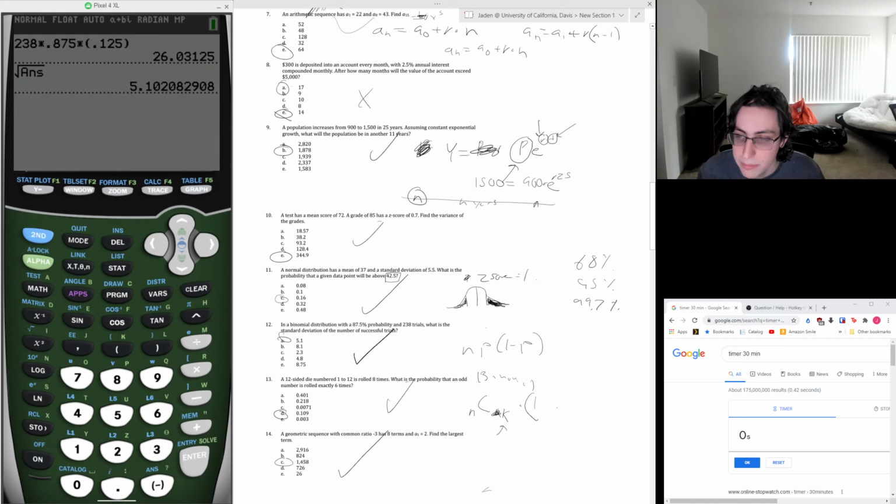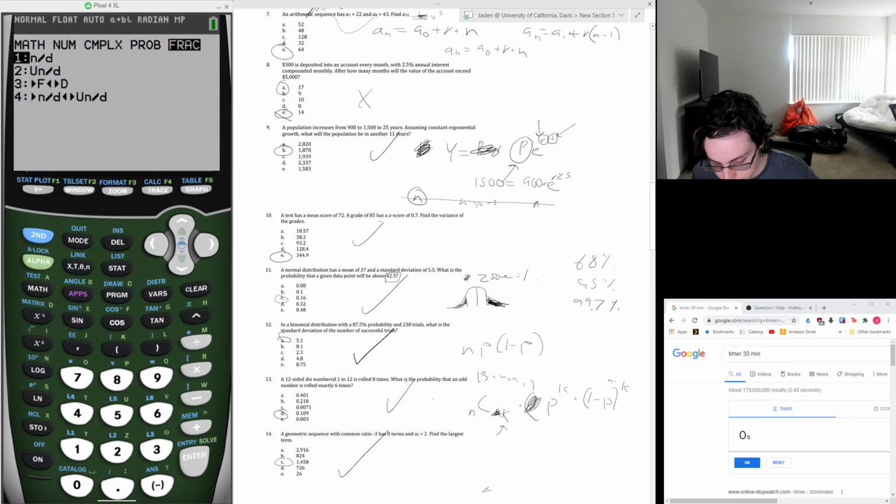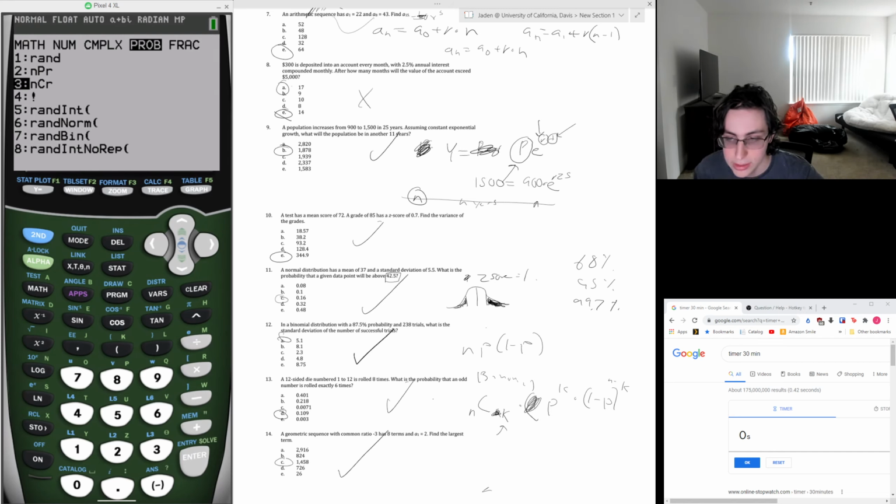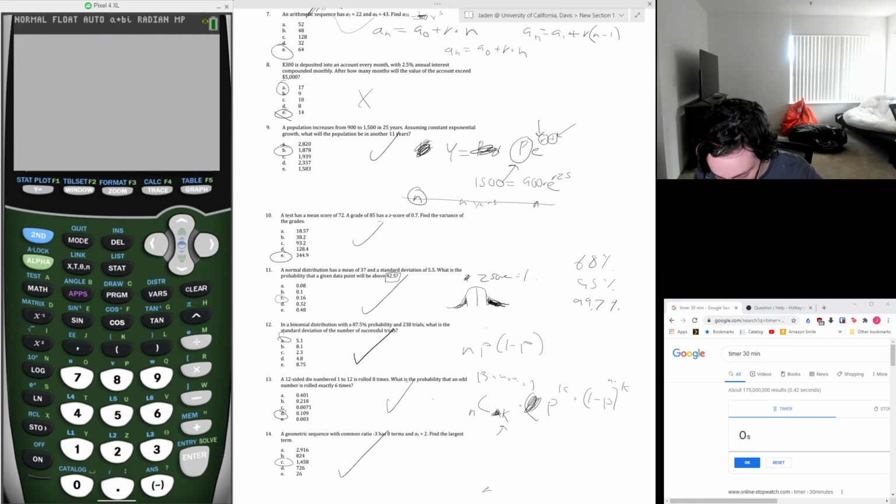Also nCr is what you're going to want for this, and if you use nPr at all, you go to math and probability and you see that right there. That easily calculates it out for you.